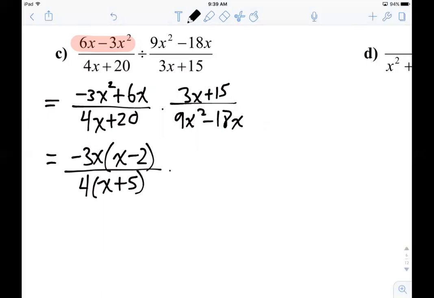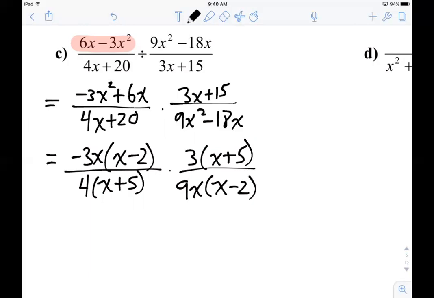For the top of the next expression, I can factor out a 3, and that's going to leave an x plus 5 as well. So that's handy to keep in mind for later. And on the bottom of this one, I can factor out a 9 and an x, and that's going to leave an x minus 2, which is handy to remember for later as well. So let's start to do some reducing now.